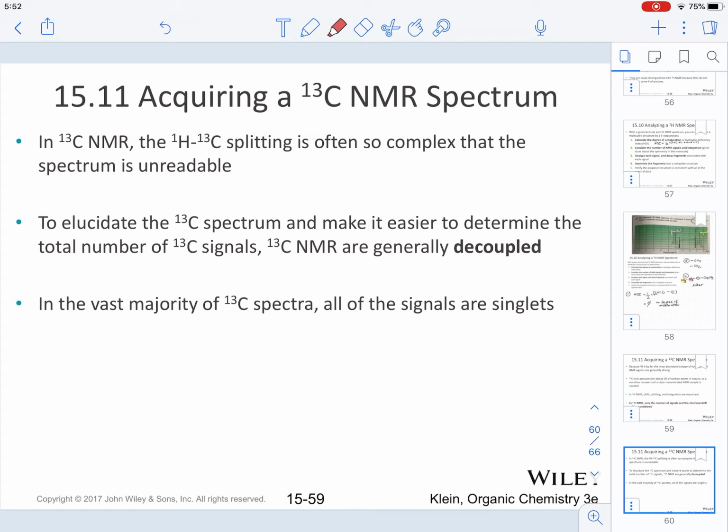What does this mean? Since carbon-13 is so low in percent abundance for that isotope, the carbon atoms that are next to each other are not going to be splitting each other. So that's one of the differences between the carbon NMR and the proton NMR. In the vast majority of carbon-13 spectra, all the signals are going to be shown as singlets.